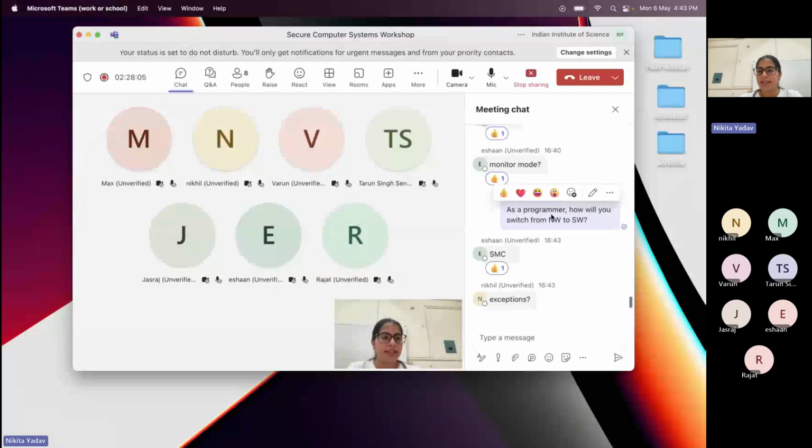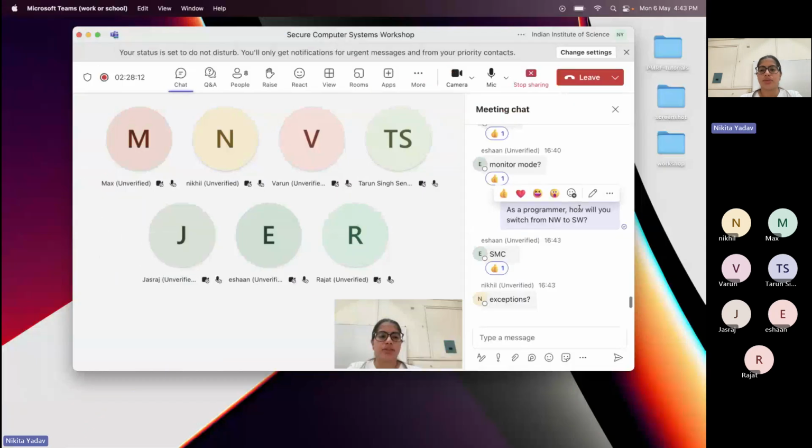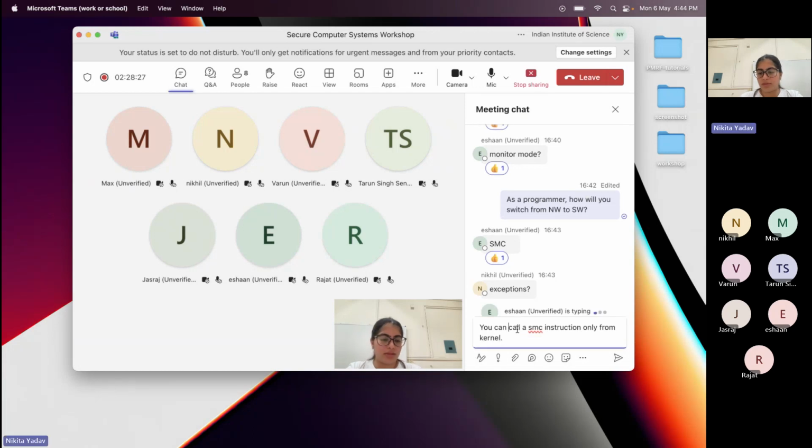Although what I said is not completely true, you can run an SMC instruction only from privileged software, not just from the kernel.